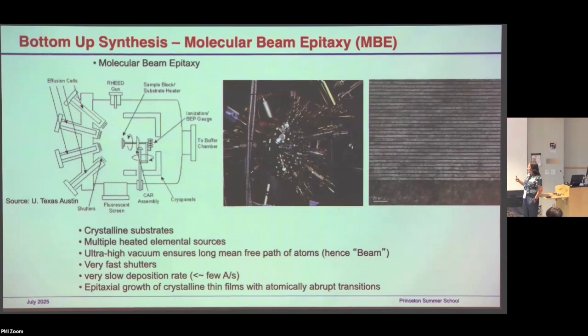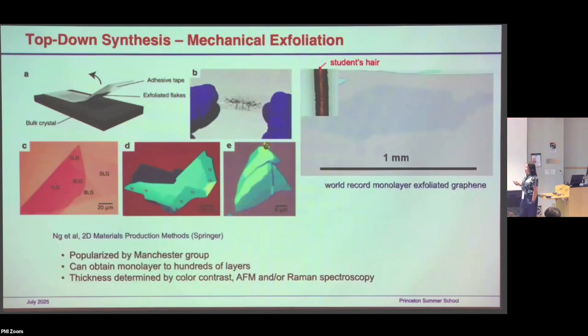Sometimes, depending on what you use, there's also non-uniformity in the film thickness. By and large, there are more defects and impurities in films obtained here. So films obtained with these techniques still pale in comparison in quality to the next technique, which is top-down.